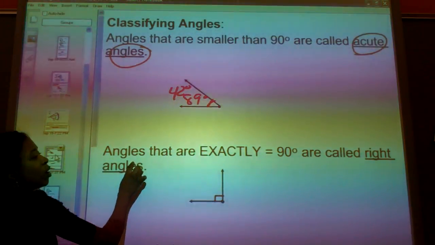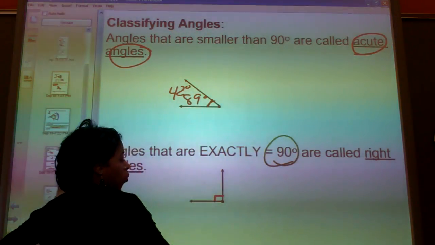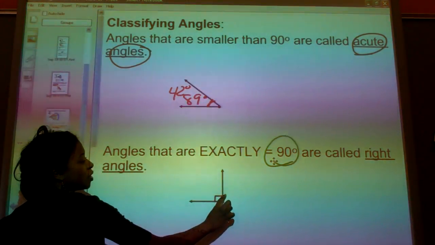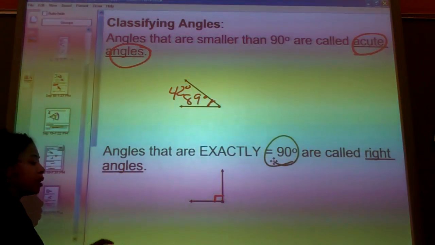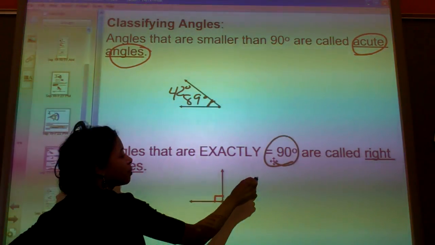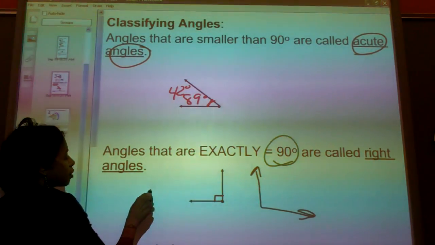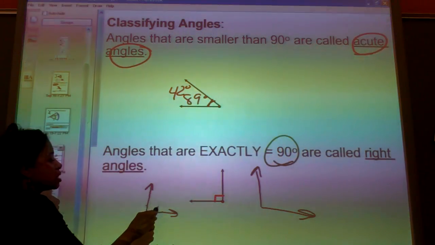If we have an angle that is exactly 90 degrees, we call that a right angle. You will generally see a box in the corner to let you know it's 90 degrees. There will be plenty of times you will see angles that look like this and even straighter. Please do not tell me that this is 90 degrees.